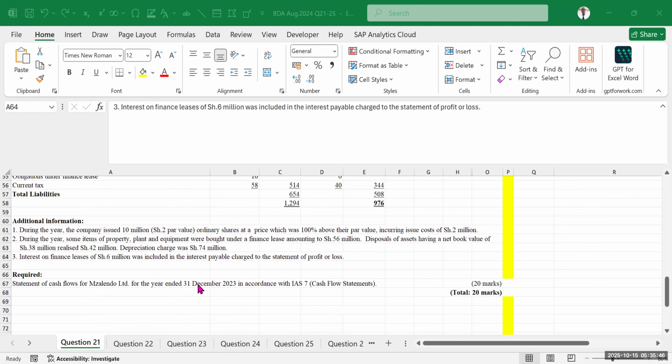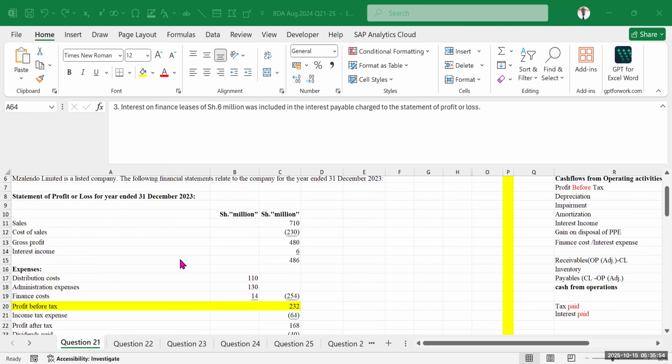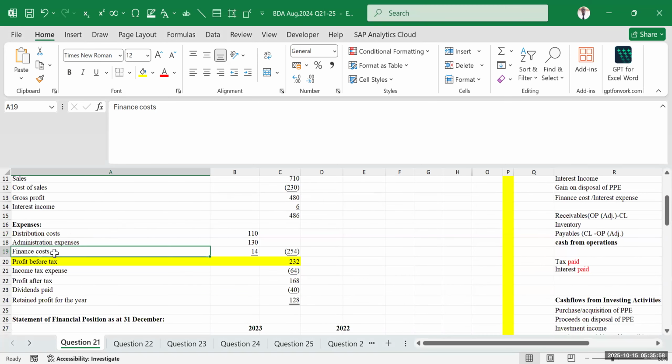And when you have a lease, the interest on it is the cost of the lease. So if you look at the income statement, we have finance cost, which was 14 million.